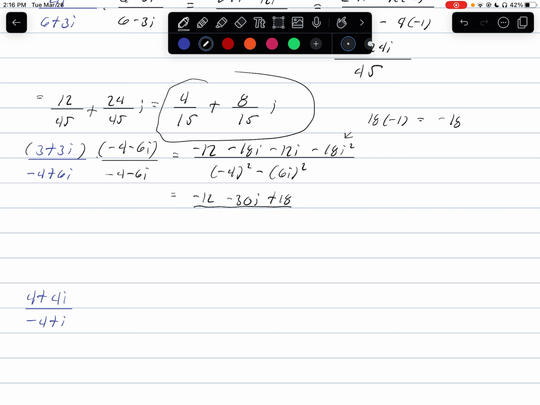Over 16 minus 36 times negative 1. So negative 12 plus 18, that's 6 minus 30i over 16 minus a negative 36, or 16 plus 36, which is 52.